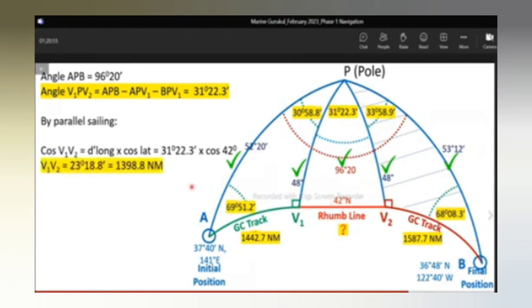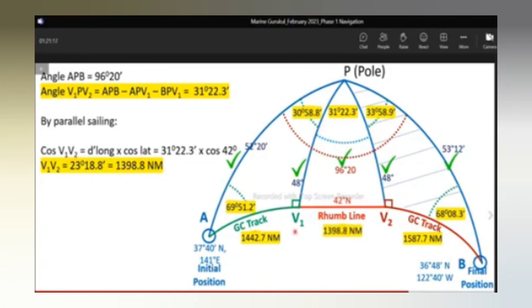When we put the value, we get distance V1V2 as 23 degrees 18.8 minutes, which is equal to 1398.8 nautical miles. So we get the distance V1V2 using the formula cos lat is equal to departure upon D long. This distance goes into the diagram.